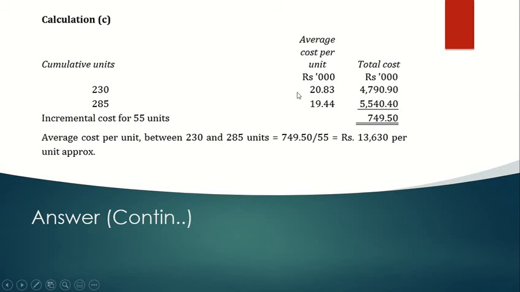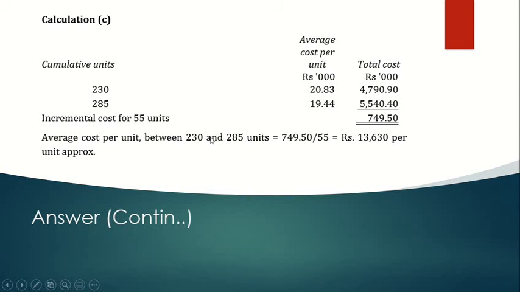So here you can see the total cost. එතකොට 230ක් හදනවා නම් මේ යන මුළු පිරිවැය 285ක් හදනවා නම් මේ යන මුළු පිරිවැය. So we can get the difference between these two. It is 749.5, which means this incremental cost for this additional 55 units. So here you can see incremental cost for additional 55 units, 749.5 in thousands, or in other words it is 749,500 in rupees. Clear?